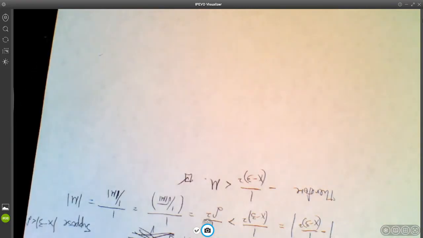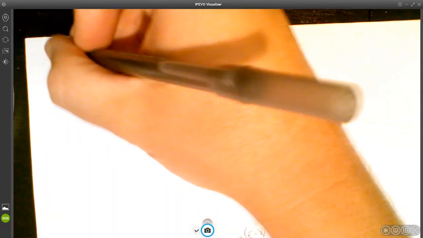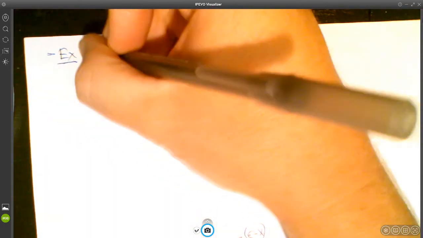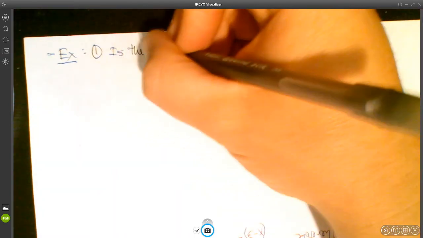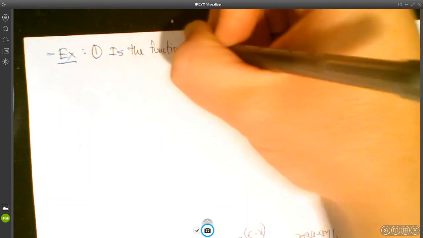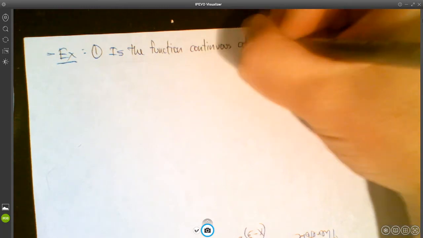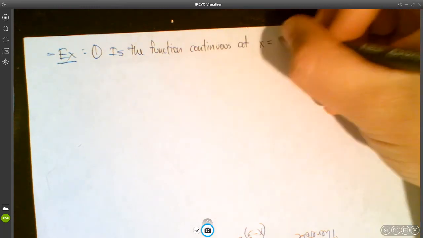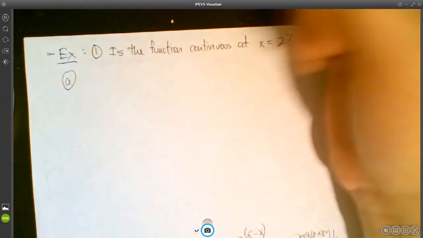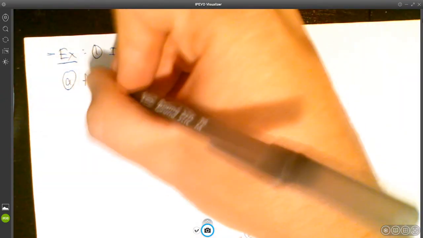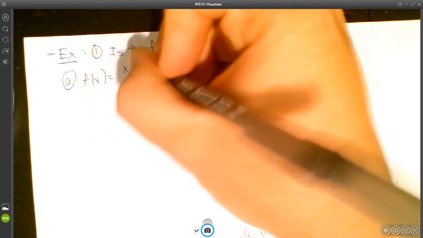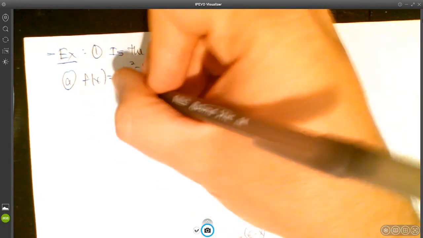Let's look at some more examples. So, is the function continuous at x equals 2? And we're going to look at a few of these. Let's do f of x equals x squared minus 4 over x minus 2.